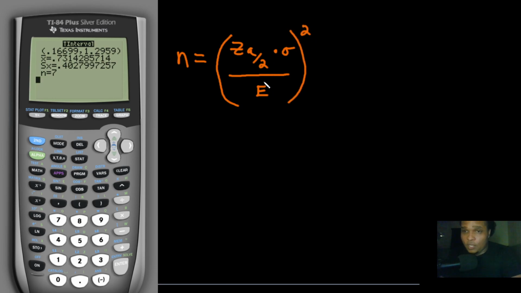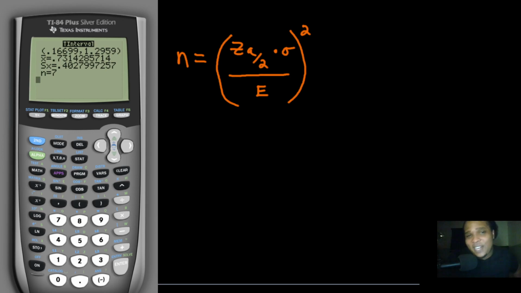And it's always going to be like this no matter what. We're using Z alpha over 2 because we have the population standard deviation.